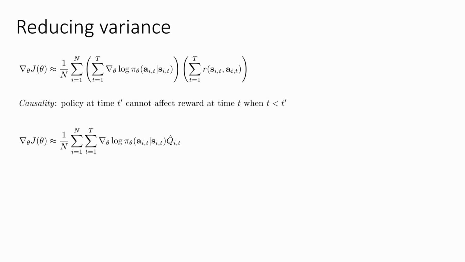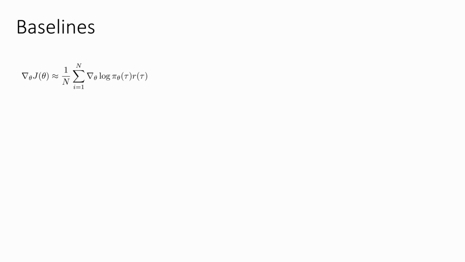So this is the more realistic form of the policy gradient that you'll often see written out and that you'll often see implemented, because there's basically no benefit to adding in those rewards from previous time steps. Your current action cannot affect them, and they only serve to increase the variance.